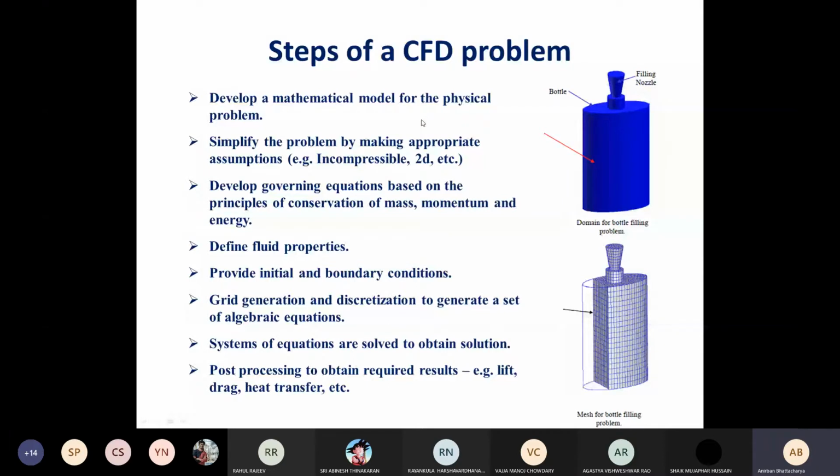Even temperature evolution may not be important depending on our problem. So if the liquid enters at a constant temperature and there is no temperature change, then we will ignore even the energy equation. We will only solve the flow equations. So depending on the problem, we have to take the governing equations after suitable assumptions. Okay, so simplify the problem by making appropriate assumptions.